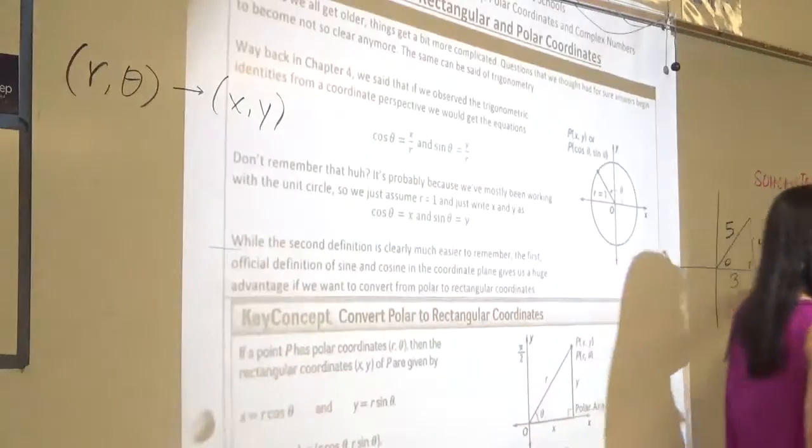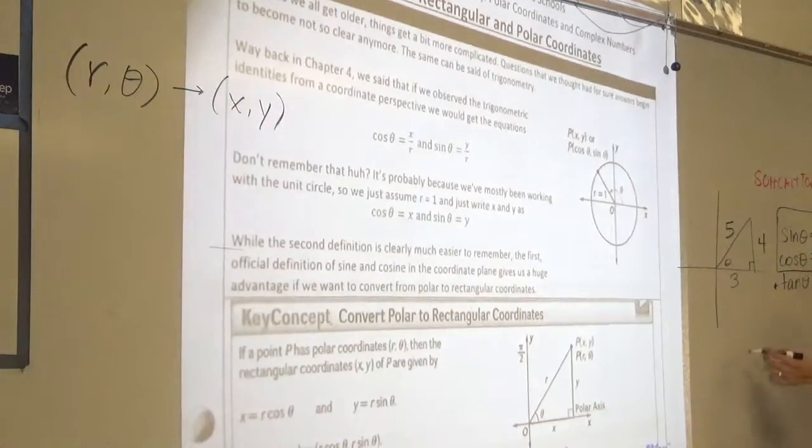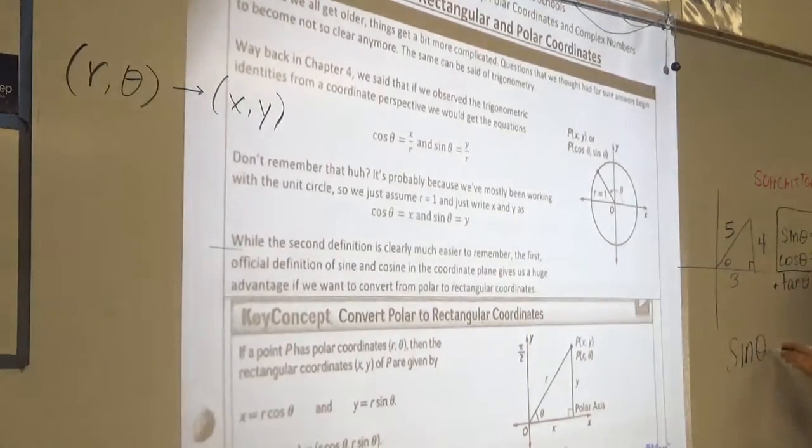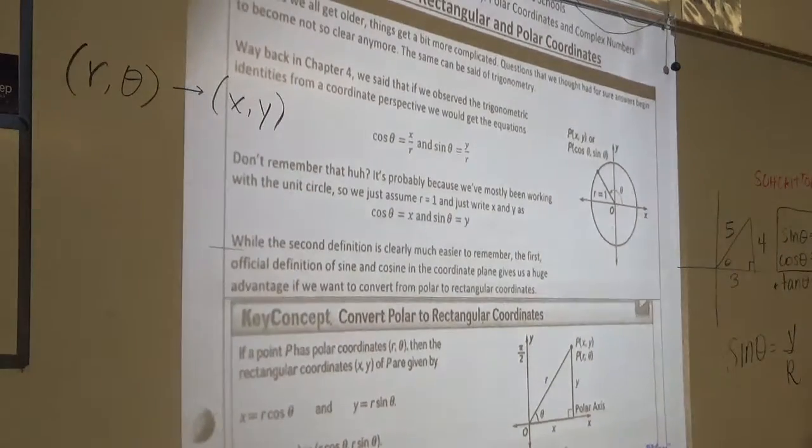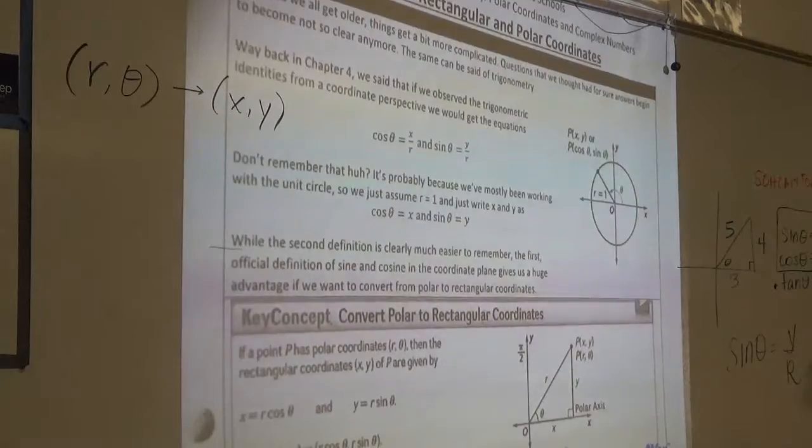And if I look at this, let me draw your attention to the first one. Sine of theta equals y over r. Thinking algebraically, what could I do here to get y by itself? Multiply. Heard a couple different things. Multiply by what? R. That'll isolate y.